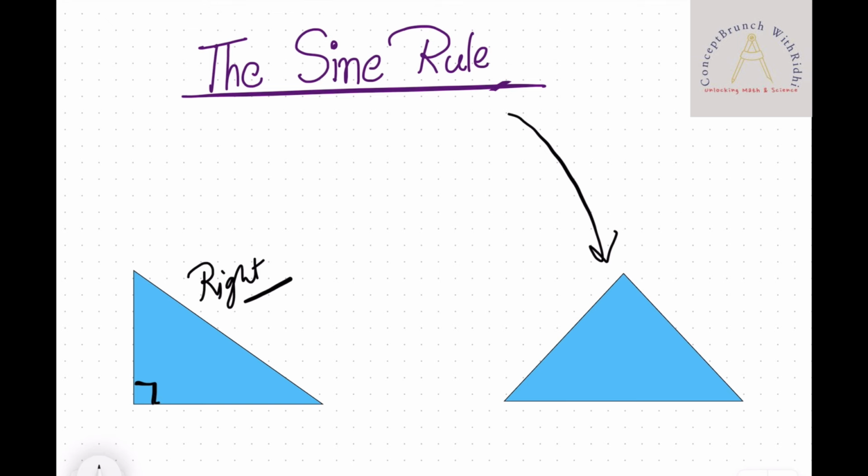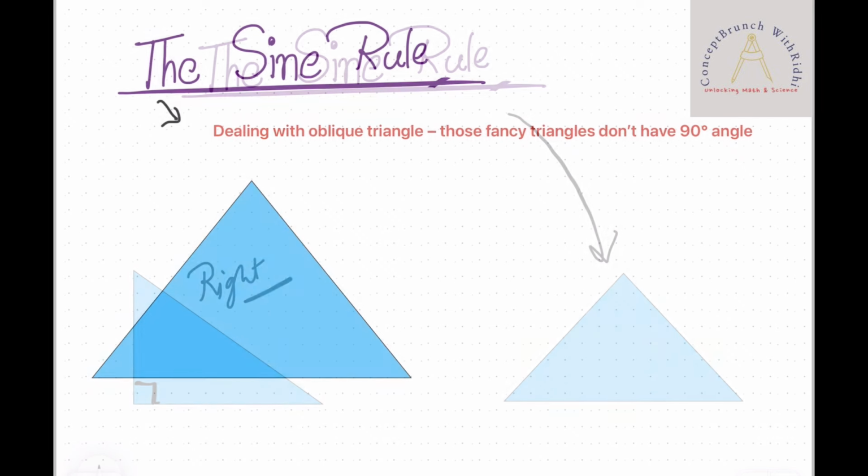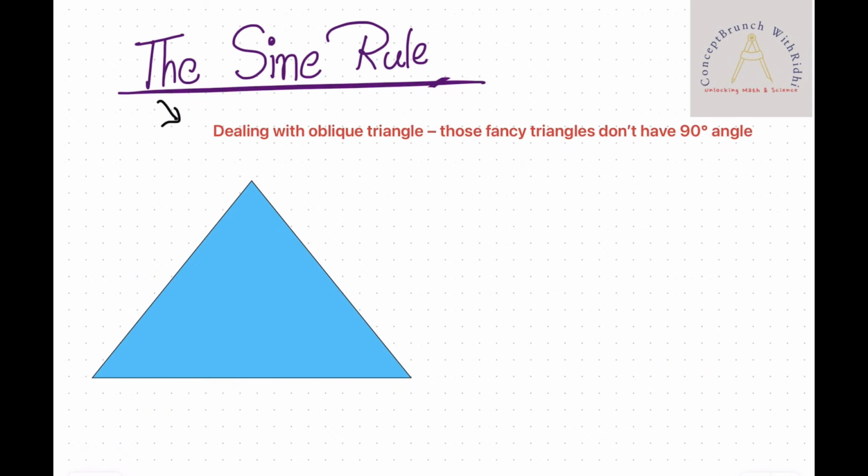Okay, so in this video we are going to learn when to use the sine rule. We are dealing with a triangle which doesn't have a 90-degree angle. You can remember it like that: it's a fancy type of triangle with no 90 degrees, right? In that case, we will assume the triangle, let it be A, B and C, and the sides along with them.